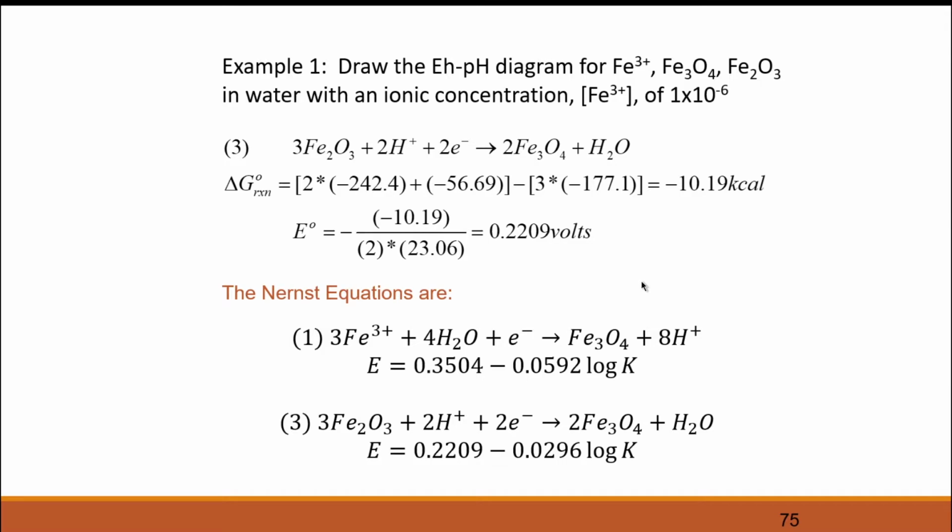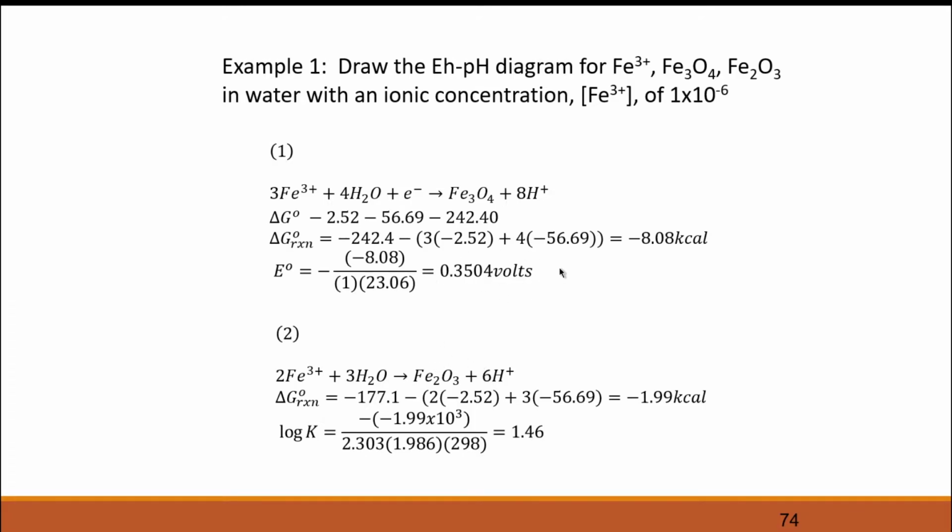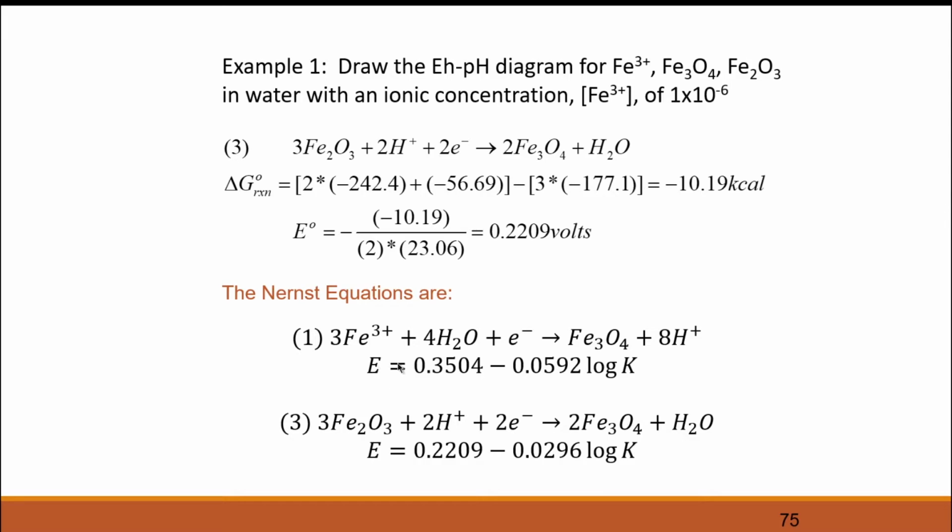Okay, so if we were to do the Nernst equation for the first equation, this should give us E, and again the Nernst equation is E_H is equal to E naught minus 0.0592 times logarithm of K. Okay, so for the first equation, if we go back to the previous slide, E naught is 0.3504, so E is equal to E naught, which is 0.3504, minus 0.0592 multiplied by the logarithm of K. Okay, next we have equation number 3, which is this one.